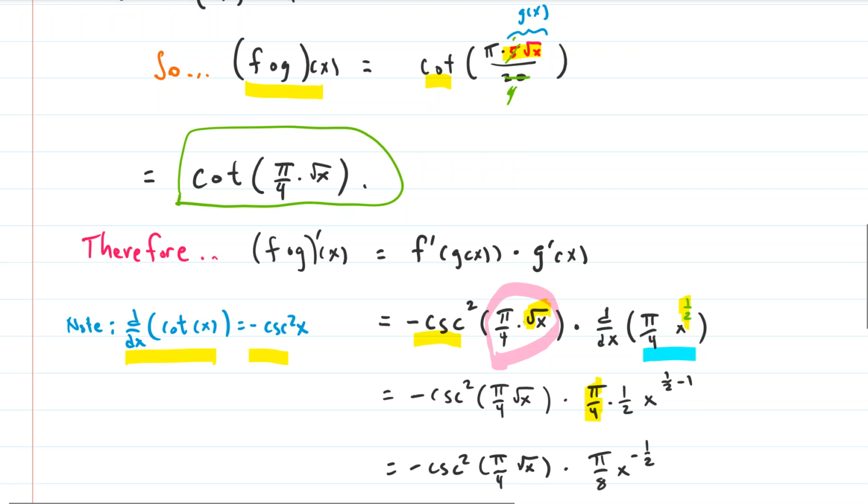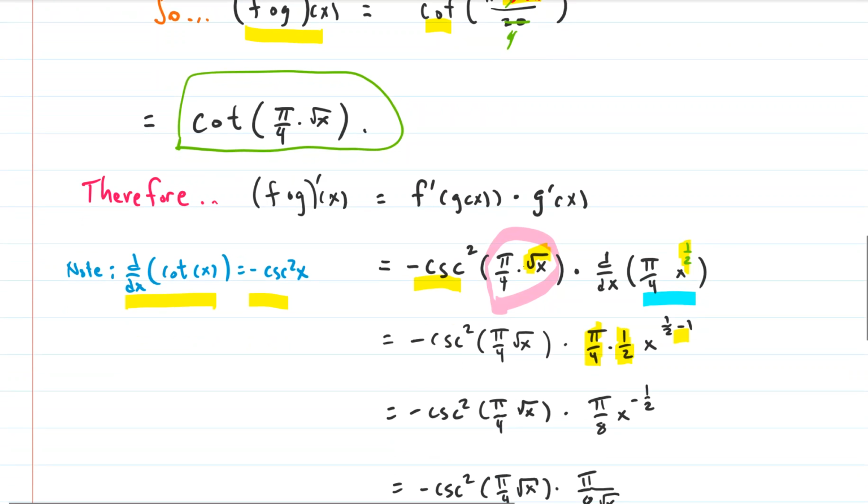So the 1/4 comes out, and the 1/2 comes down in front, and we subtract 1 from the 1/2 in the exponent and get negative 1/2. The pi fourth and the 1/2 become pi eighths, and we have x to the negative 1/2.